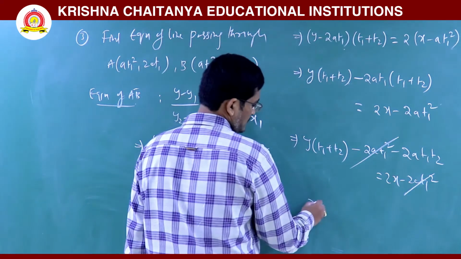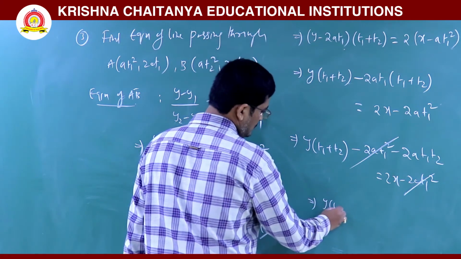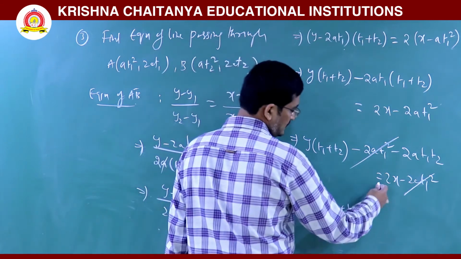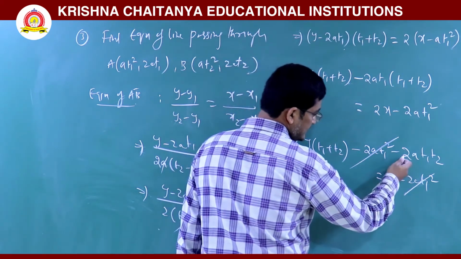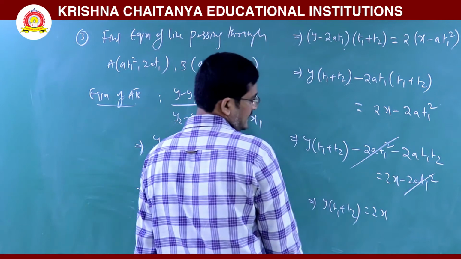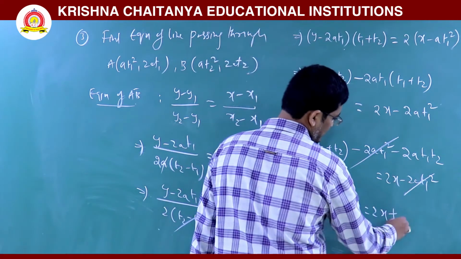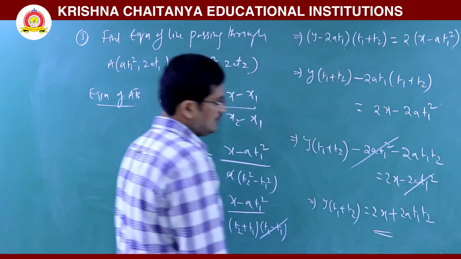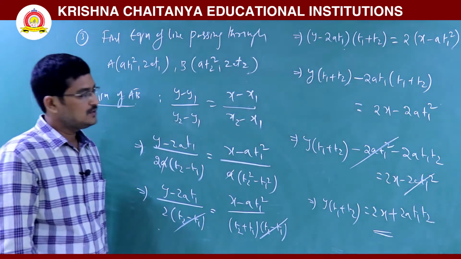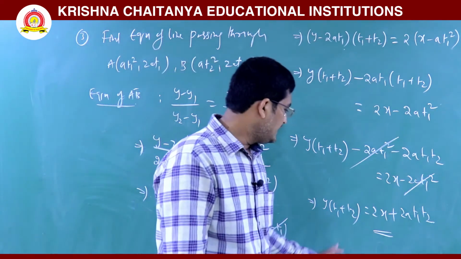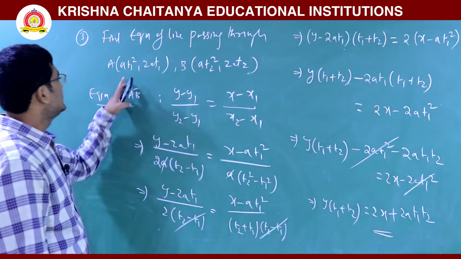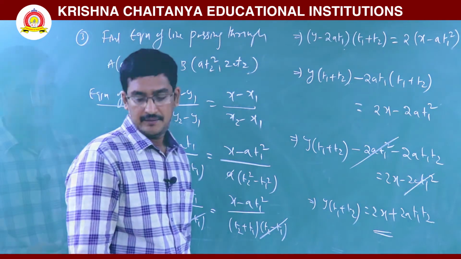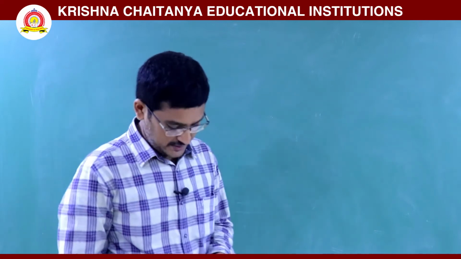So what is the answer now? We take the remaining term to the right side: 2x plus 2at1t2. So y(t1 + t2) = 2x + 2at1t2. It is the straight line passing through (at1², 2at1) and (at2², 2at2). Okay, let me solve one more here.